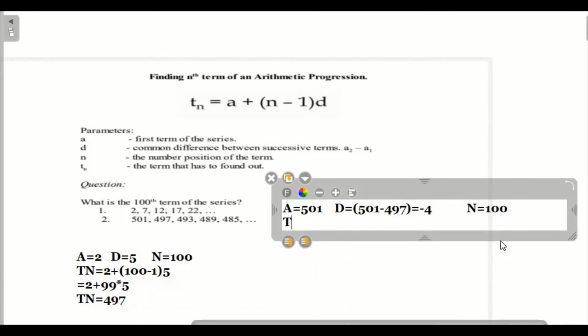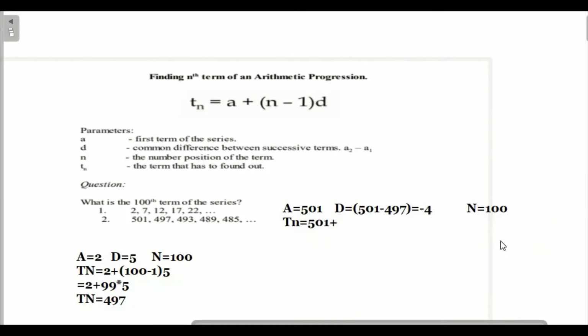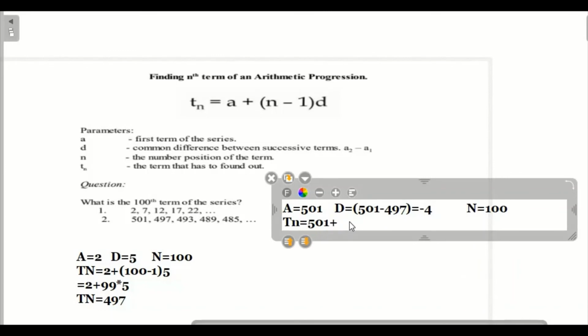So Tn equal to 501 plus 100 minus 1 into minus 4. So this is the value we have to find.